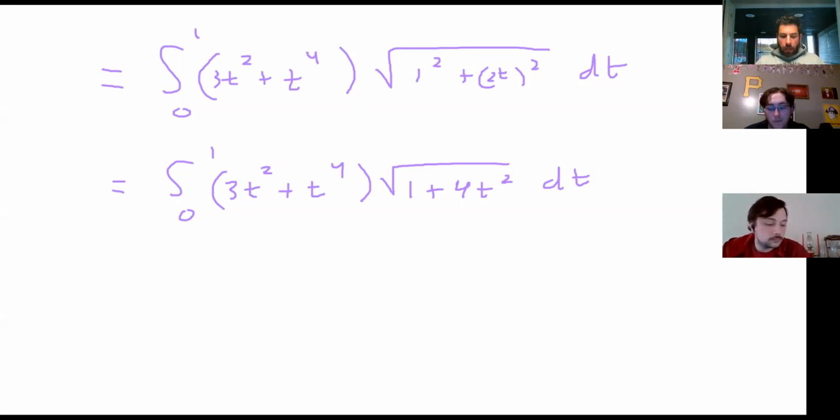Now, I'm not going to do this integral because it's very challenging, and that's not the point right now, that you can have a calculator get this part done for you.